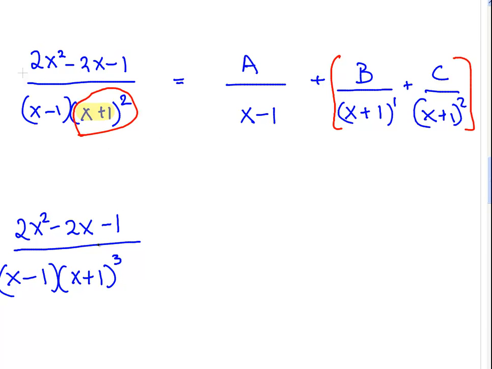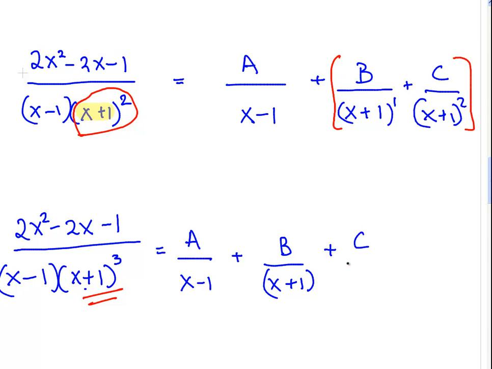Okay, so here's another example. We're doing something very similar, but here we have x plus 1 cubed. So what we need here, let's just follow this rule, see if we got it. A over x minus 1, so far so good. But we have x plus 1 here in the middle. So b over x plus 1, okay. Now, the thing we do is go up to the next power of x plus 1, that's x plus 1 squared.